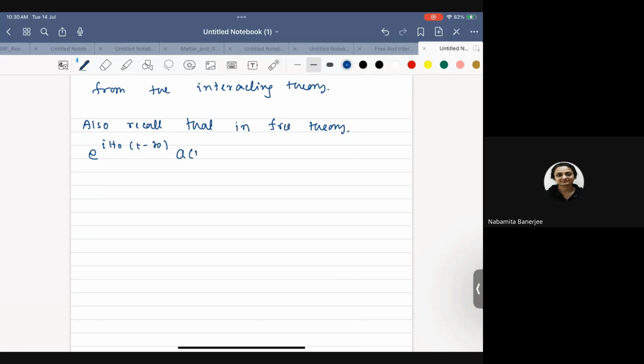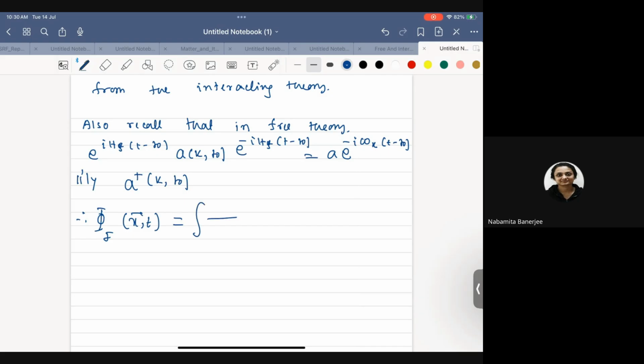It simply comes from the equation of motion in free theory: exponential of minus i H free (t minus t naught), A equals A exponential of minus i omega k (t minus t naught), and similarly for A dagger. So A and A dagger of free theory, we know how they evolve in time. Therefore, this phi I(x, t), I can just write in terms of known quantities.